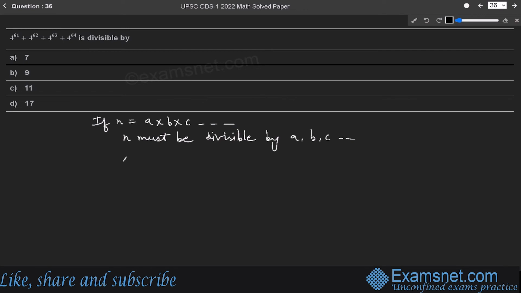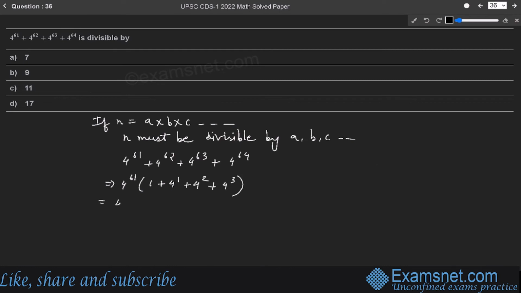We have 4 to the power 61 plus 4 to the power 62 plus 4 to the power 63 plus 4 to the power 64. Now taking 4 to the power 61 common here, you can see that it is common in all the terms. We will get 1 plus 4 to the power 1 plus 4 square plus 4 cube.